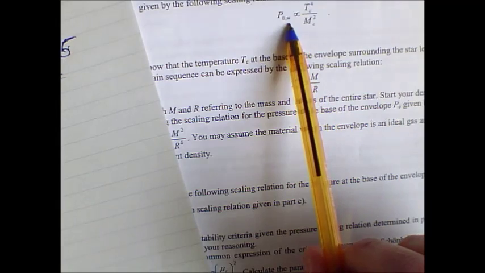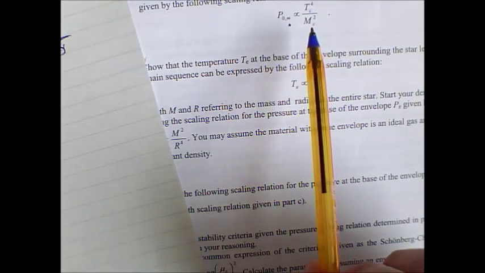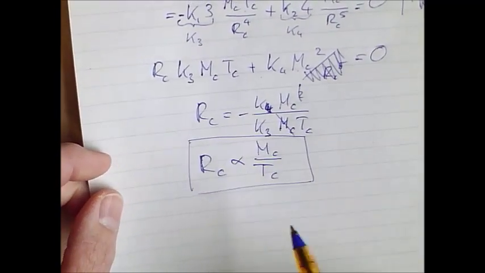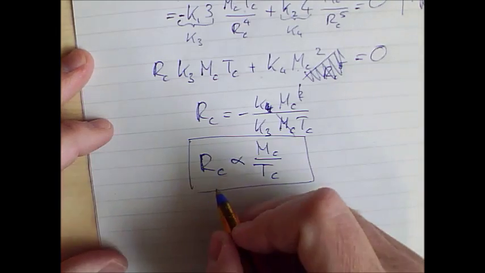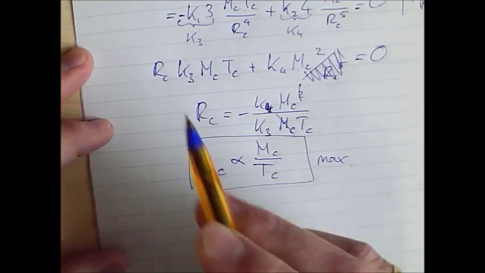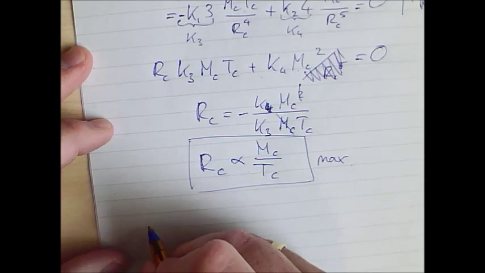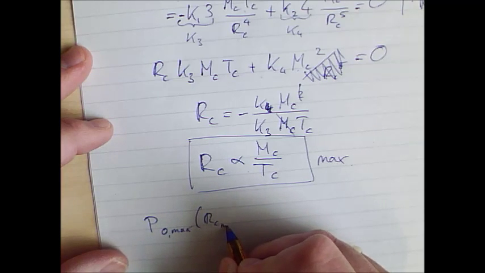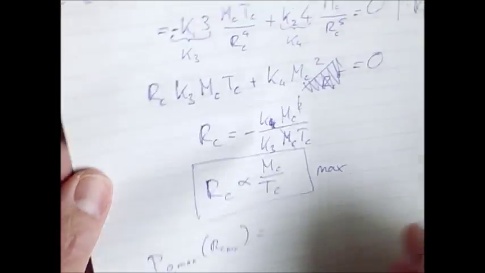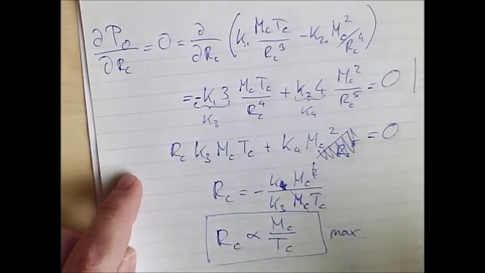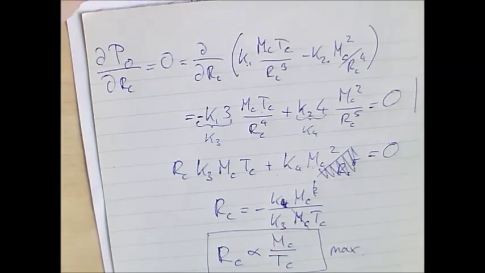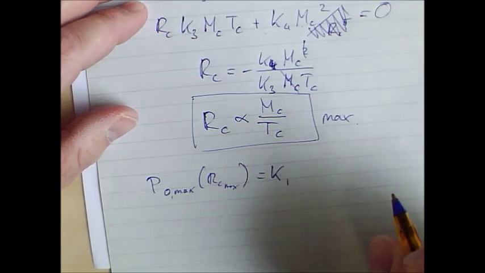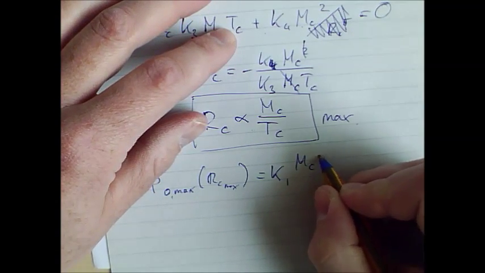Which is nearly what we want to determine, because we are not asked about the radius, we're asked about the pressure. So we've determined at which radius the maximum occurs. Now we need to insert this value into the expression for the pressure. So P0 maximum, if we insert RC maximum, is going to give us K1 MC TC.